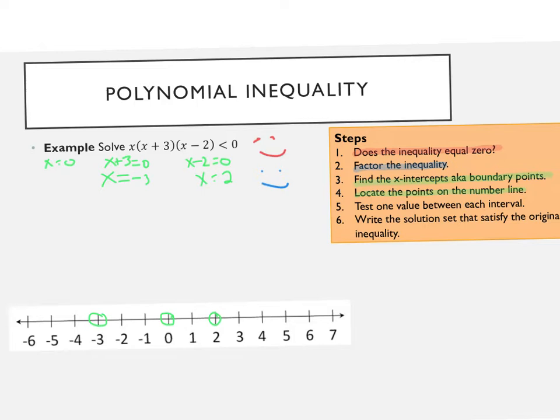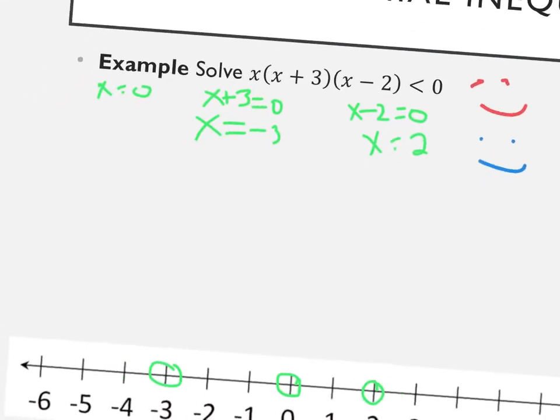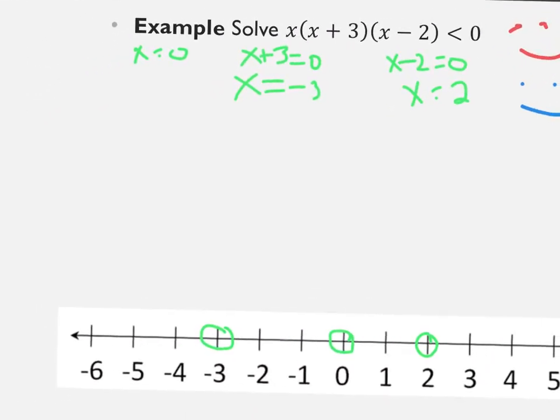Okay, so the next step is to test one value between each interval. And this is where it varies. You can choose a wide range. So notice we can, I don't know, what's left of -3. Let's test x equals -5.